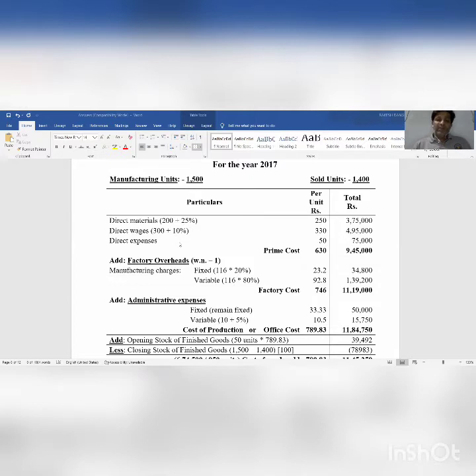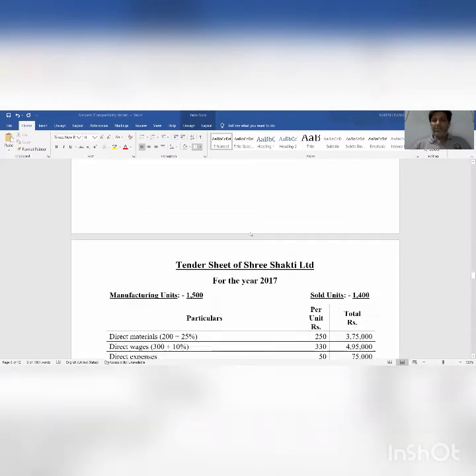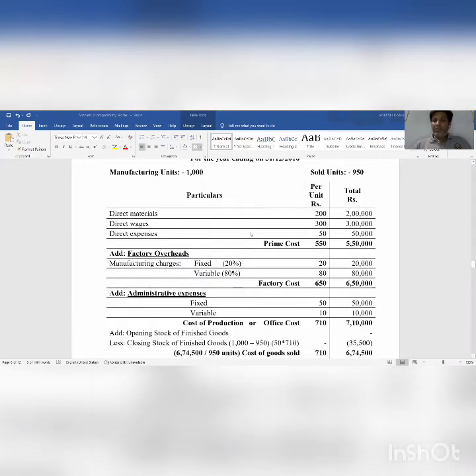Then direct expense. There is no data or information about direct expense, but direct expense is a variable nature expense, so it remains unchanged per unit. In the previous year 2016, direct expense was rupees 50 per unit, as we saw in the previous sheet.